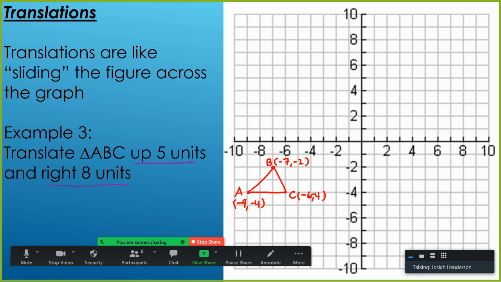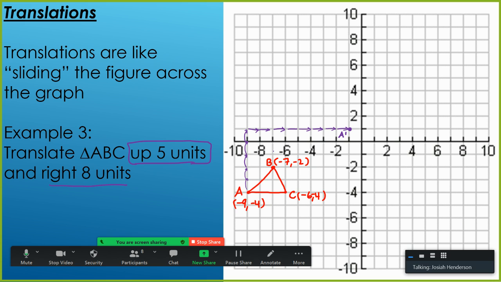Looking at point A, up 5 would be up 1, 2, 3, 4, and 5. And then to the right 8, 1, 2, 3, 4, 5, 6, 7, 8. So here's new A prime. It's going up and over or down and over, and they'll tell us how much to do for each problem.